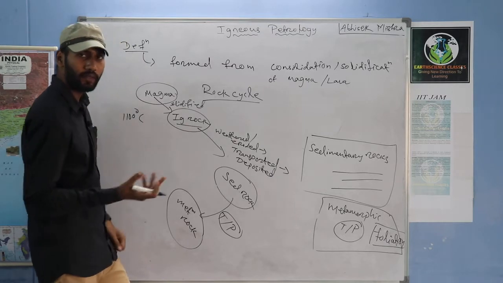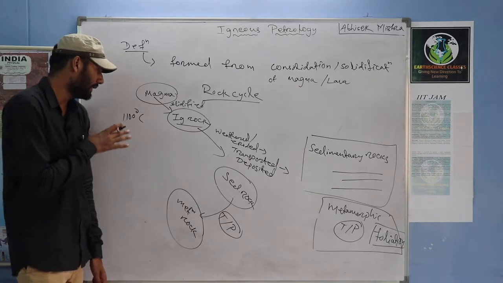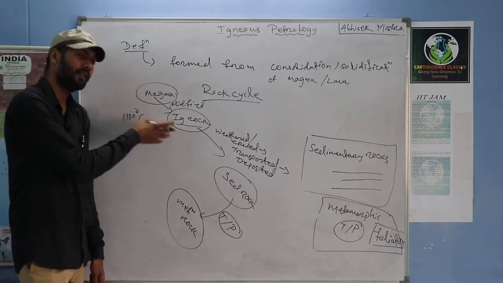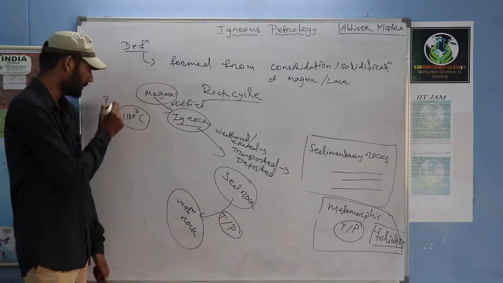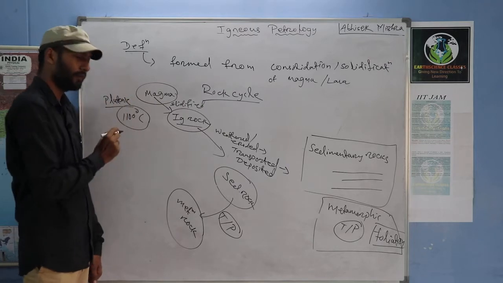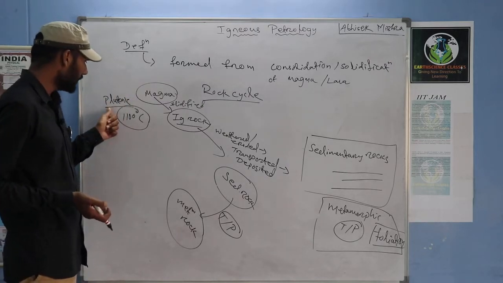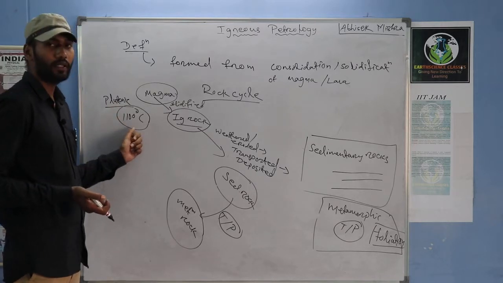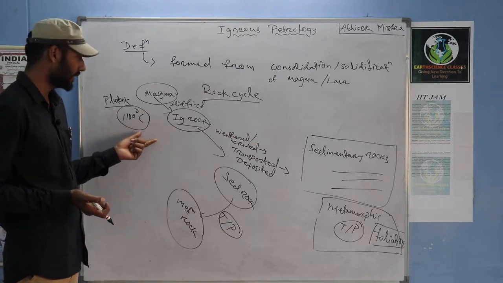That is a very high temperature, which means it should be plutonic, occurring at depth. So the plutonic rock is formed as an igneous rock at this much temperature.